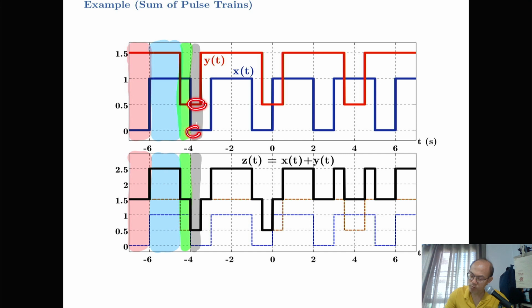So adding them, we got 0.5. Alright, so we do this all the way. We do this for every subinterval, and I'm going to do a couple more. The next one would be the pink interval. Now in this interval, y is 1.5, x is 0, so if you add them, you're going to get 1.5 here.